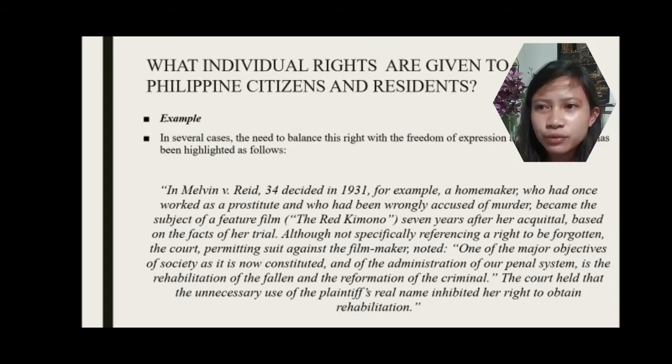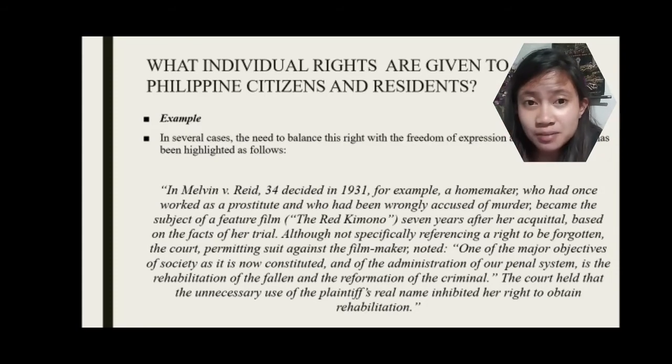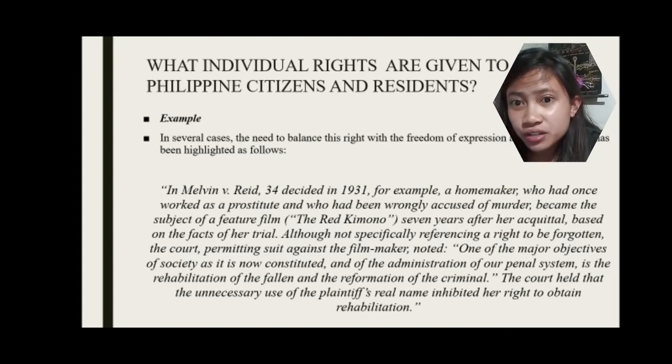In Melvin v. Reid, decided in 1931, for example, a homemaker who had once worked as a prostitute and who had been wrongly accused of murder became the subject of a feature film, The Red Kimono, 7 years after her acquittal, based on facts of her trial.